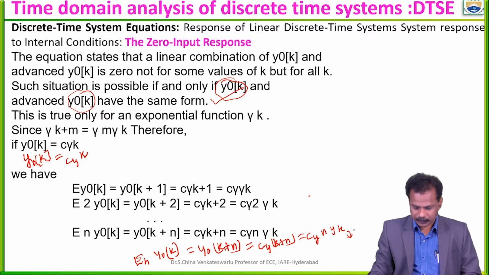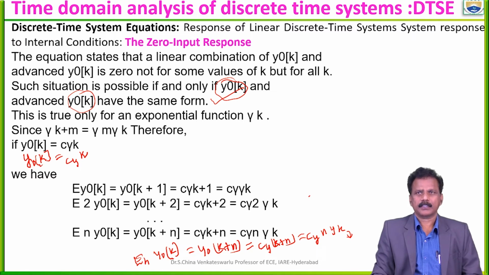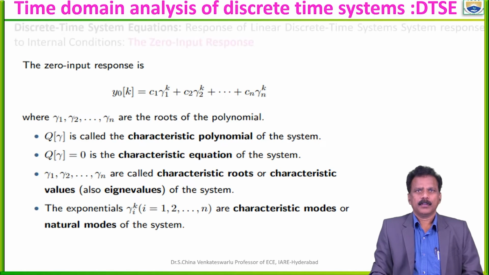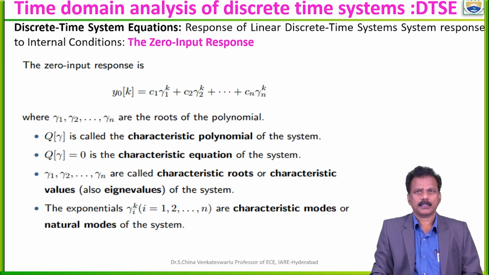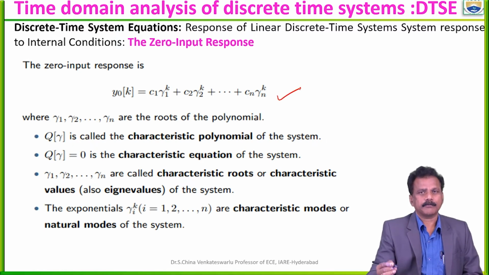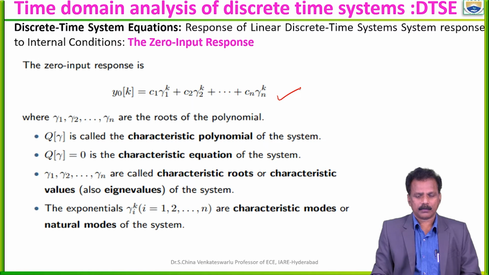Like this, we analyze that the response of the linear discrete time system to internal conditions is based on the zero input response. The zero input response is followed by this particular equation, where the gammas are the roots of the polynomial, which is the characteristic polynomial of the system.